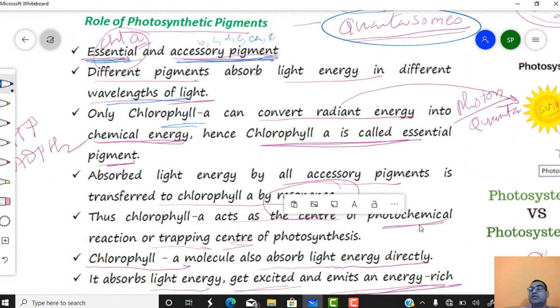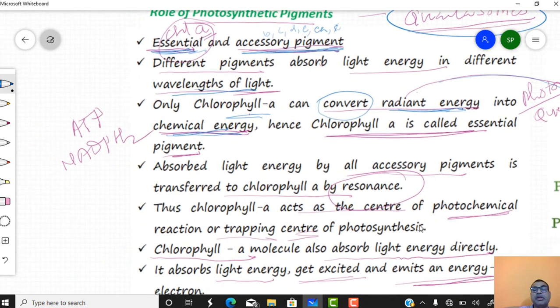What is radiant energy? Radiant energy is nothing but the energy absorbed from the sun. So this is the radiant energy. Chlorophyll A converts this radiant energy into chemical energy. In which form of chemical energy?